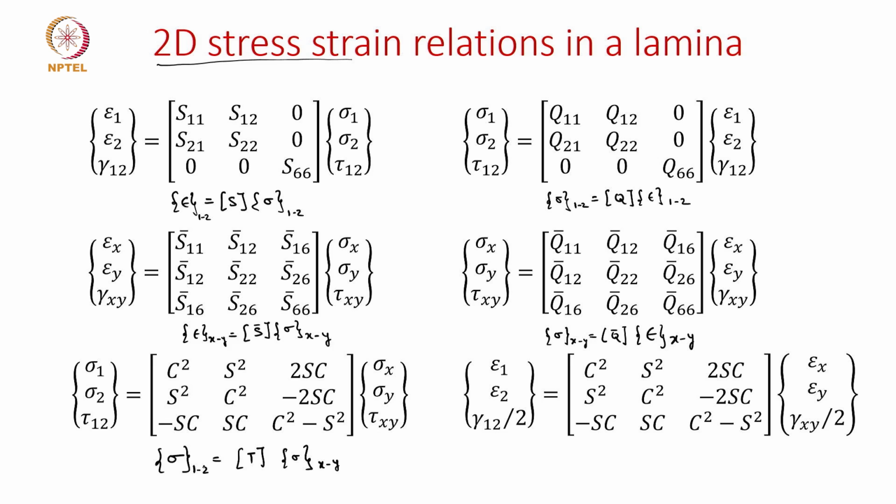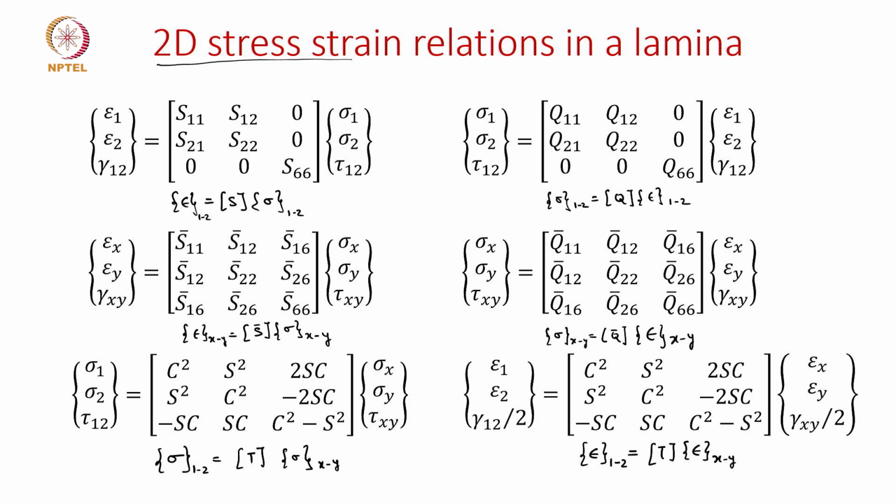Similarly, we can do the same for strains. So let's say if we have strains in the body coordinates xy, if we pre-multiply that with the transformation matrix, then we get these strains in the material coordinate system 1 2. Last time we emphasized that when we write the strains, we need to ensure that these are tensorial strains.